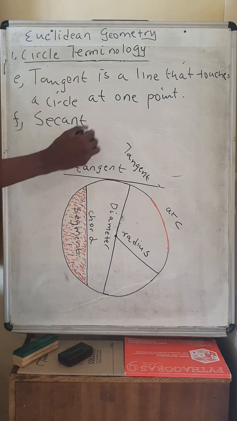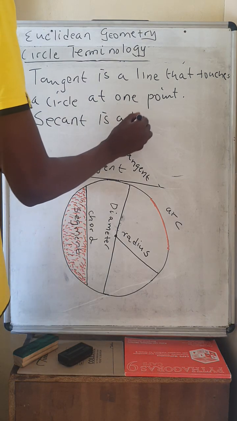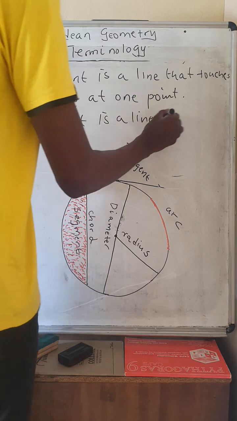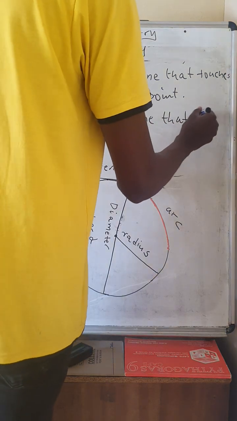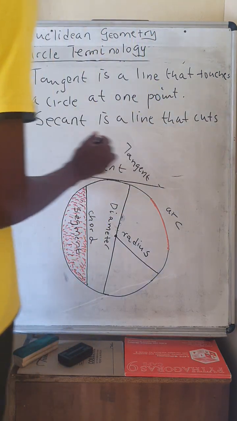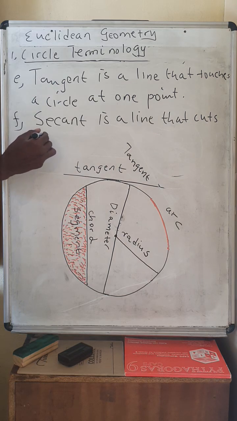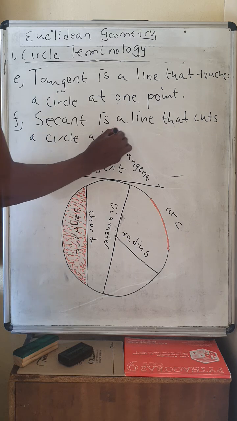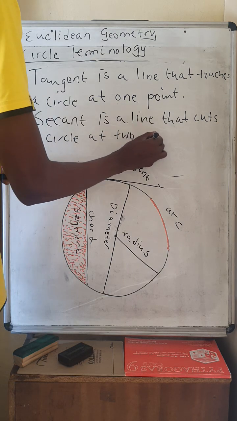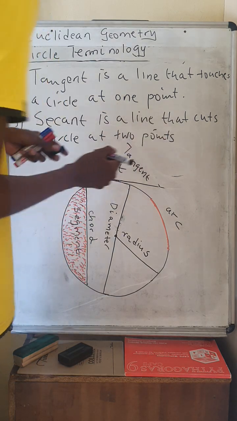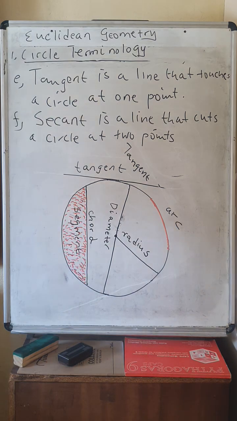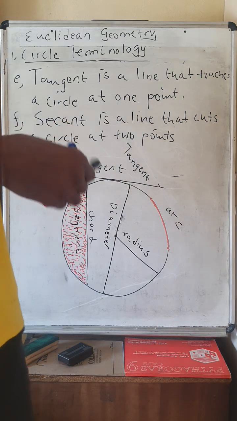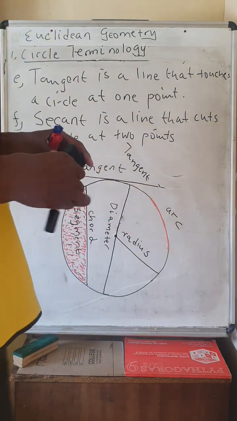A secant is a line that cuts a circle at 2 points. It's a line that cuts a circle at 2 points. So that line is called what? A secant.